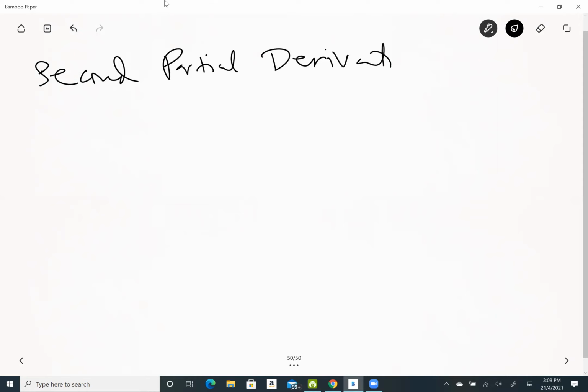They are together. So we are going to look at the second partial derivative. Sometimes we just call it second partials. This is just like the second derivative: the derivative of the derivative.